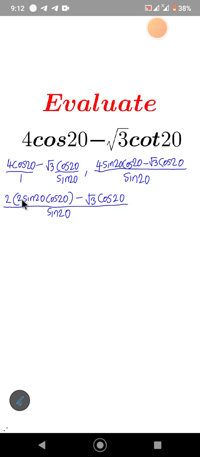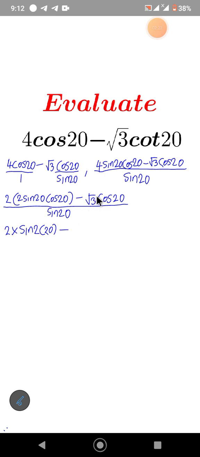Now, from trigonometric identity, 2 sine 20 cos 20 is the same thing as 2 times, that's this 2 times sine 2 bracket 20 from trigonometric identities.